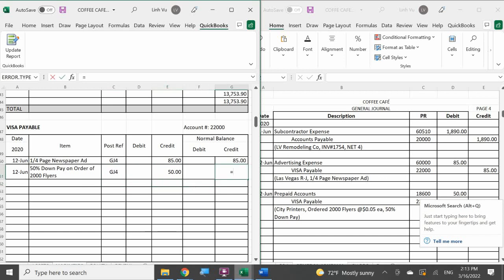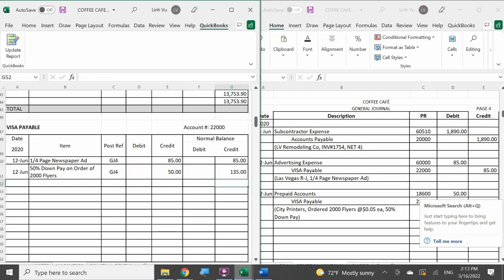General Journal 4. And we increased our liability by $50. So, practicing our formulas here for liabilities, you're going to go up 1, which is a credit, of the previous amount of $85. We're going to add any credit, so in this case add $50, and subtract any debits because debits decrease.